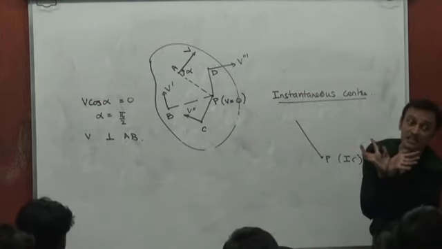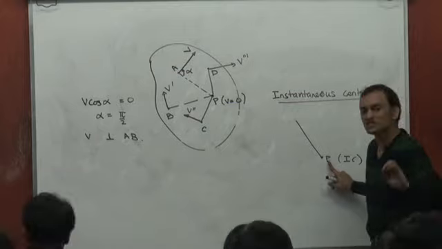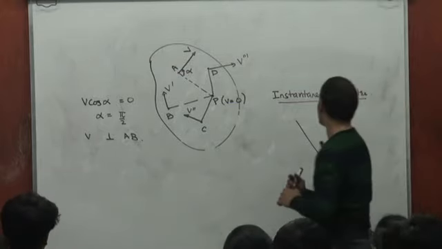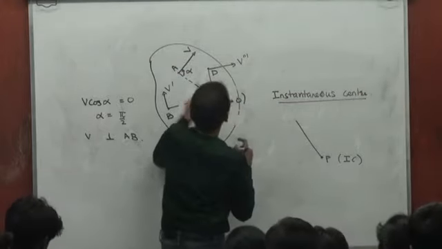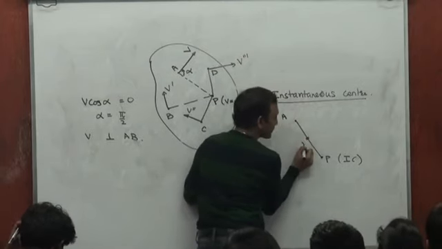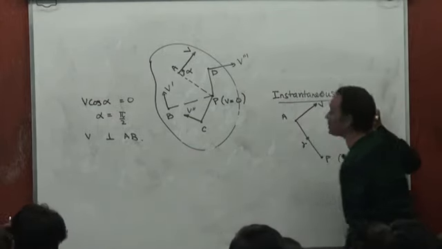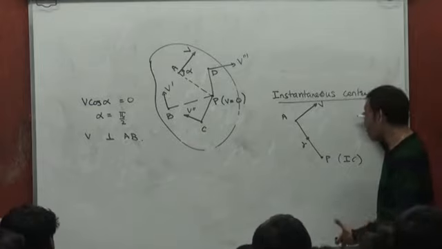How to locate the instantaneous center? Another issue. Let's say this point P is the instantaneous center, and this is point A. At this instant of time, the velocity of A is perpendicular to AP, right?